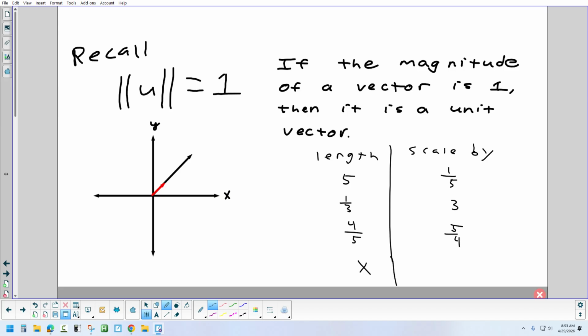Negative x. If it was 5 units long, would you scale it by -5? No, 1 over x. Yeah. So the pattern is when you have a vector and you want to turn it into a unit vector without changing its direction, you scale it by the reciprocal of its length. And if it already is 1 and you scale it by the reciprocal of 1, well, then it stays the same. Right.